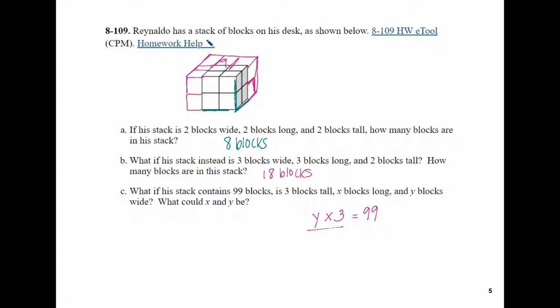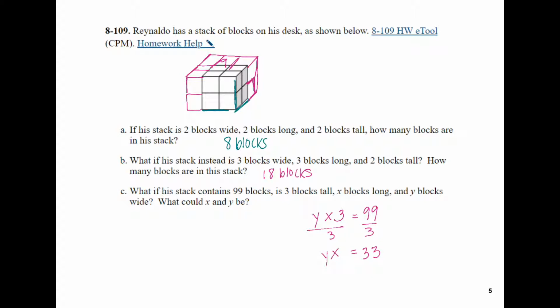So using inverse operations, I could divide by 3. So I would have yx equals 33.